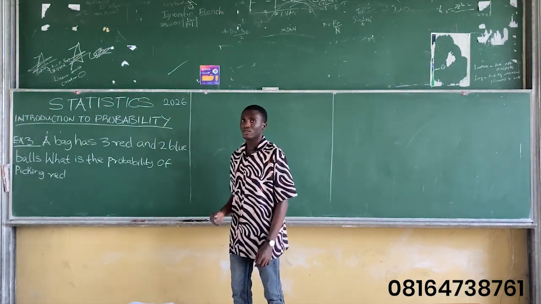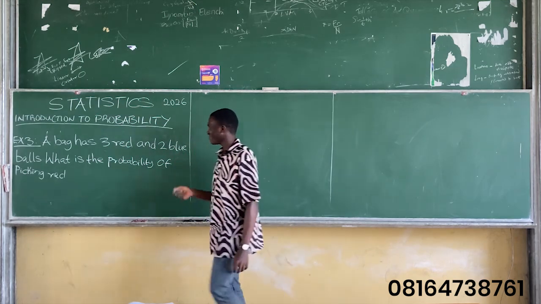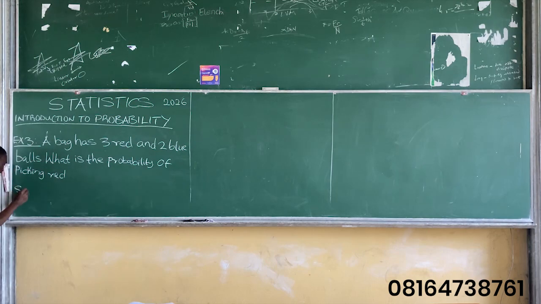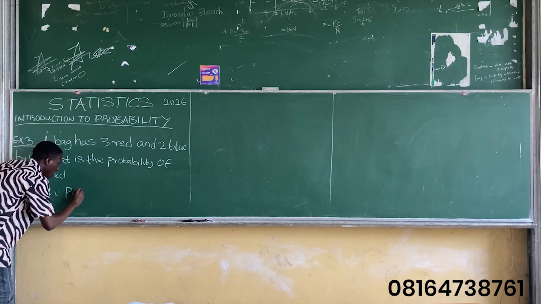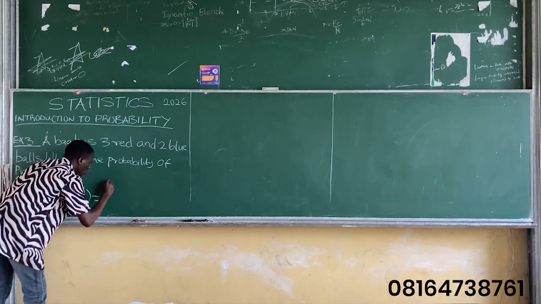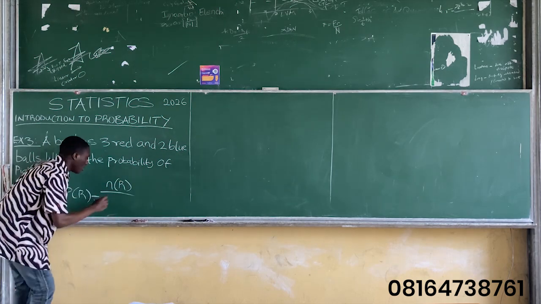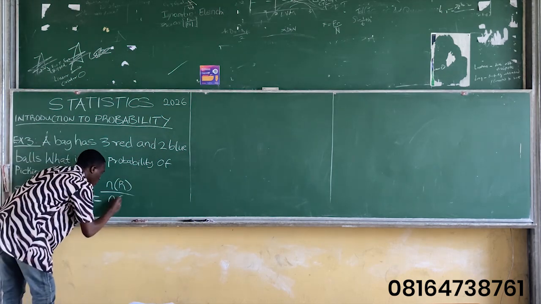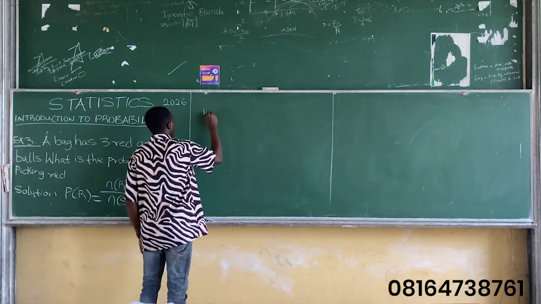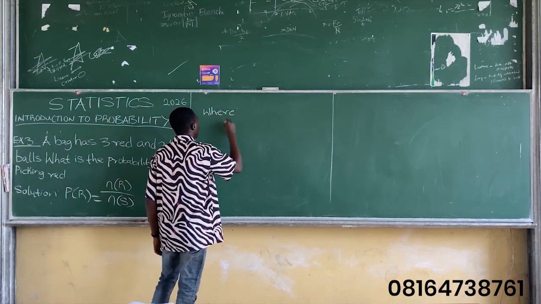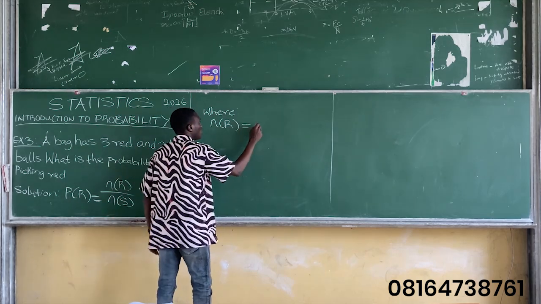Our third question says, a bag has 3 red and 2 blue balls. What is the probability of picking red? So we have the probability of picking red is equal to the total number of favorable outcomes for red divided by the total number of possible outcomes, which is the total sample space, where the total number of favorable outcomes for red, they have told us that there are 3 red balls, is equal to 3.